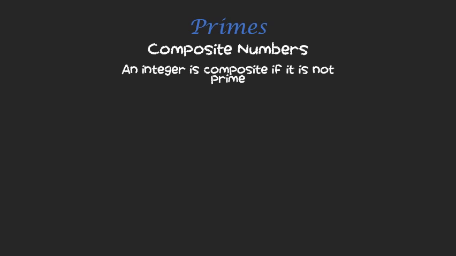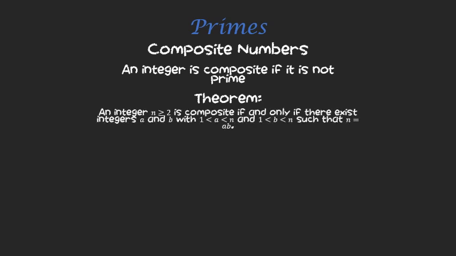And so that's what a composite number is. If we can find something that divides it that isn't 1 and it's not itself, then that number is called composite. And so that's the same thing as not being prime. Composite if it's not prime. And the theorem that goes along with this is that we have a composite number if and only if there exist integers a and b, such that a times b equals n.